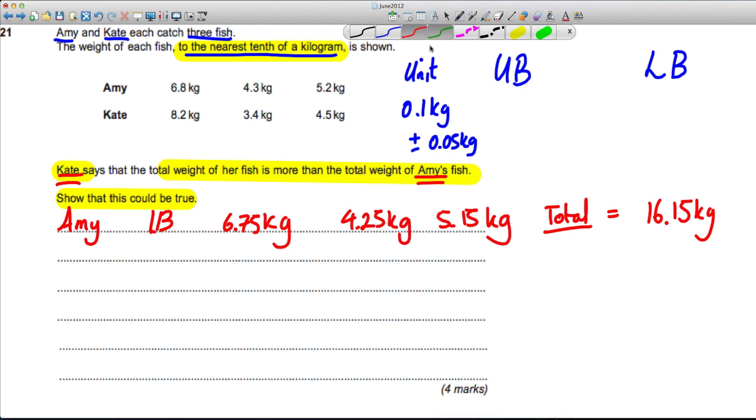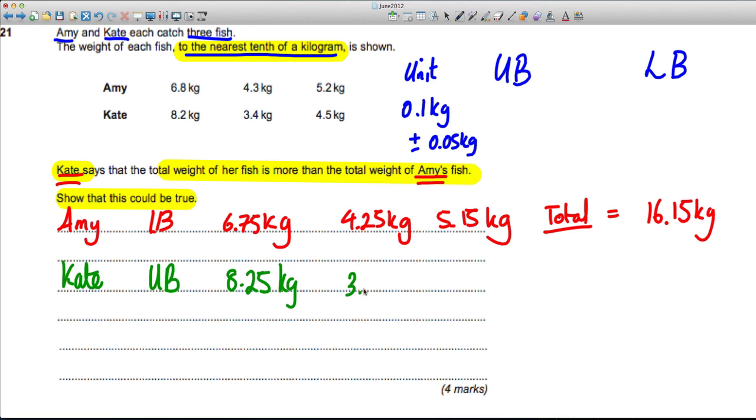Now, for Kate to be bigger, maybe Kate's could all have been the upper bounds, i.e. 8.25, 3.45, and 4.55. And if you add hers up, what would her total have been?